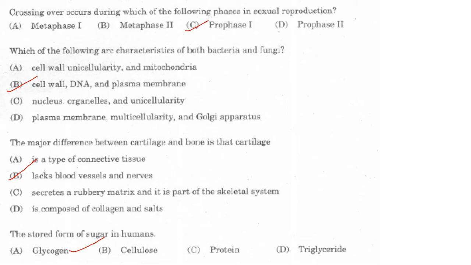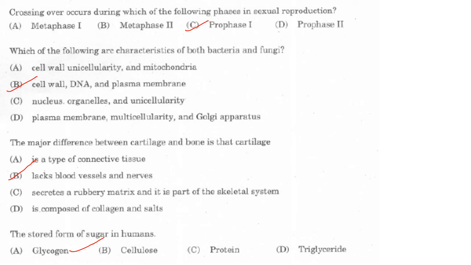Which of the following are characteristic of both bacteria and fungi? The answer is option B. They have cell wall. Both bacteria and fungi have cell wall. They have DNA and plasma membrane. But option A, if you see, cell wall is correct, but unicellularity, no. Bacteria is unicellular, fungi are multicellular. And mitochondria, bacteria doesn't have mitochondria, but fungi has mitochondria.